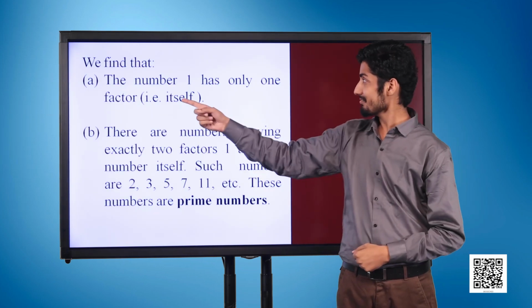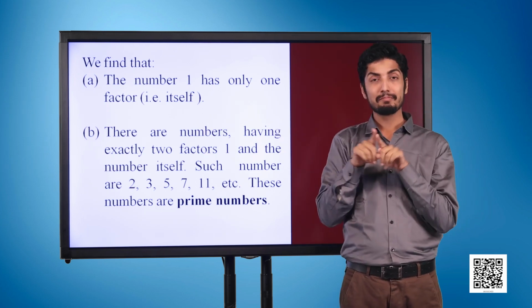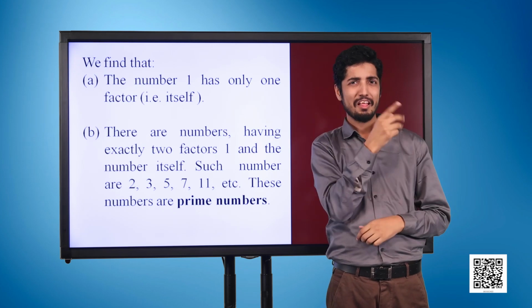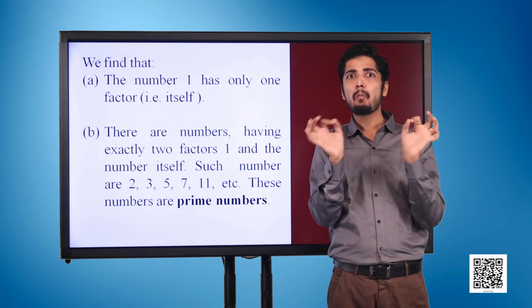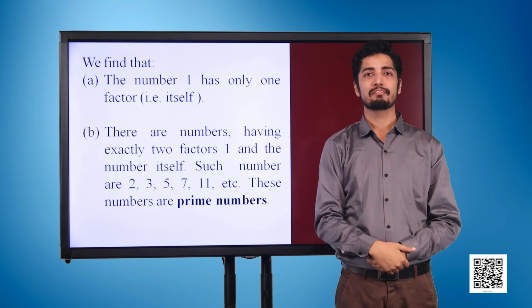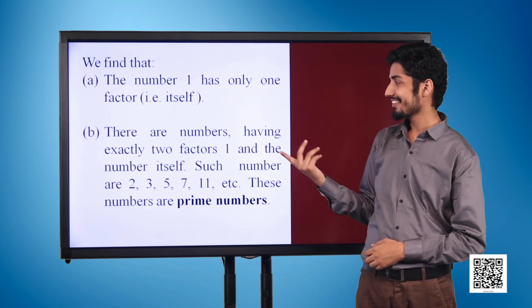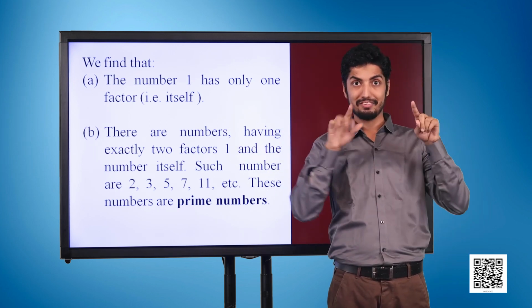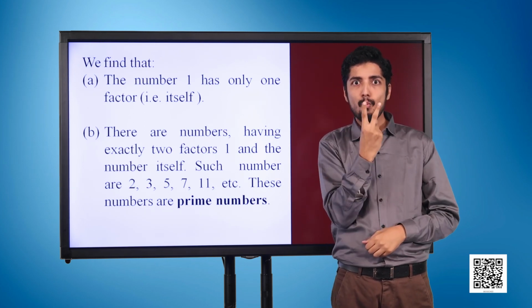We find that A. The number 1 has only one factor, that is, itself. B. There are numbers having exactly 2 factors, 1 and the number itself.